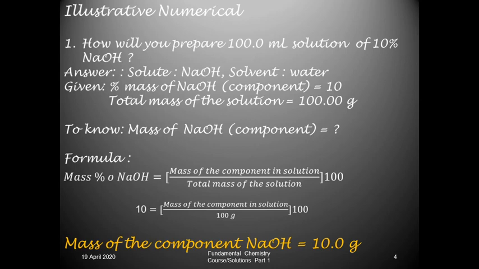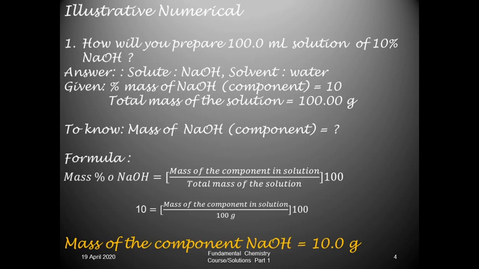That's obvious, because they are only asking you to prepare 100 ml, and as I said, for water 100 gram and 100 ml will be same. But remember, for the NaOH solution which is going to form, ml or volume and gram will not be same.